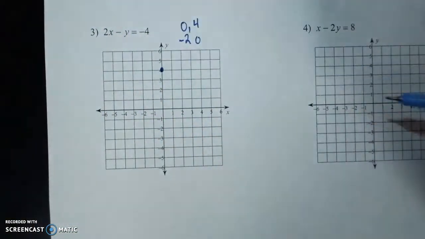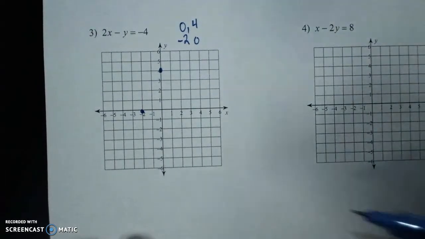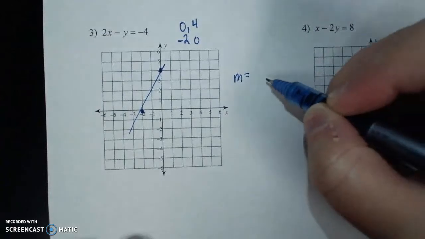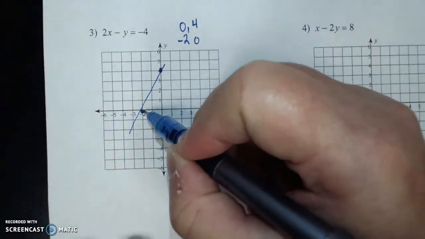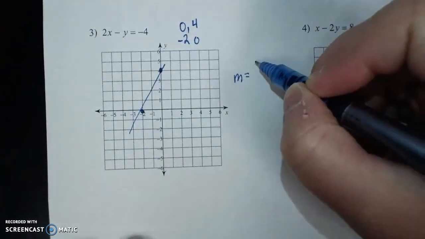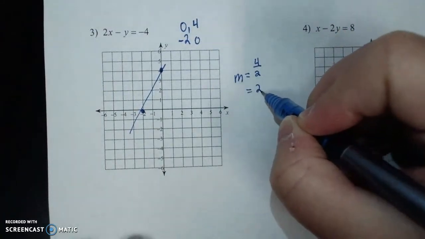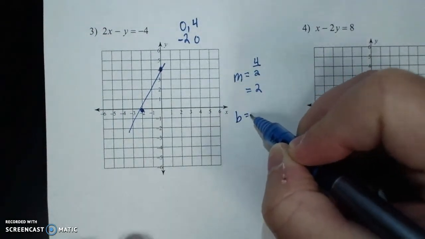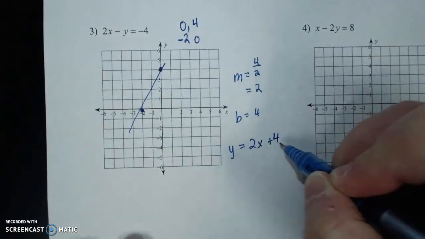I plot that, I plot that, and I connect them. My slope is positive, so it's up 4 over 2, which is 2. My y-intercept is 4. y = 2x + 4.